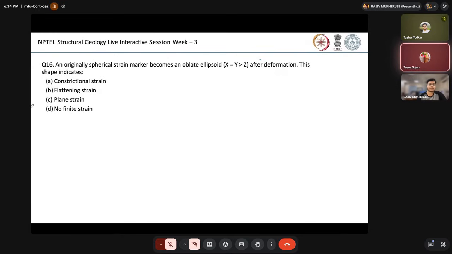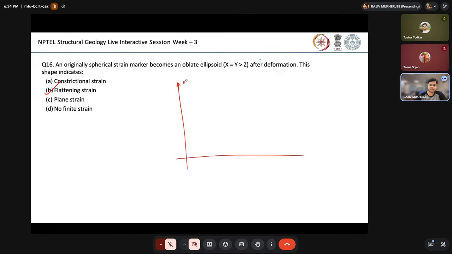Option B. Yes, because in the Flynn diagram, as we have already seen, any line or any material that is plotting between 0 and 1 will obviously plot in the flattening field, which is oblate, right?